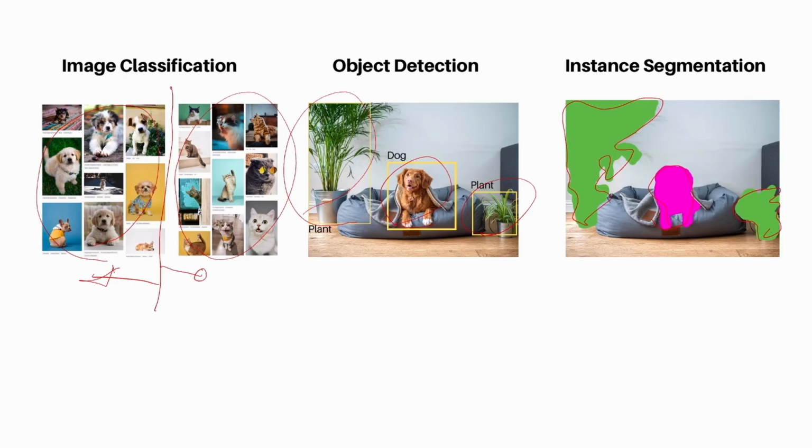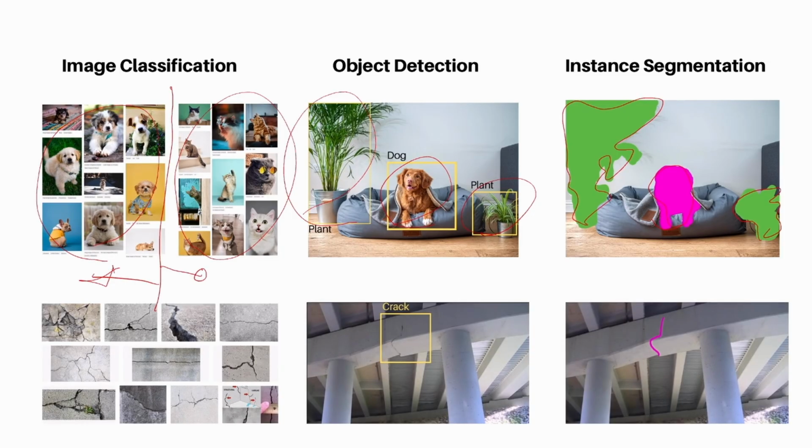How about the use case of this in construction? Let's take a crack as an example. With image classification, you can identify whether an image has a crack on it or not. Imagine that you go to the construction site to inspect an old bridge and you want to identify whether there is a crack or not in the photos that you take. So you can use image classification techniques there.